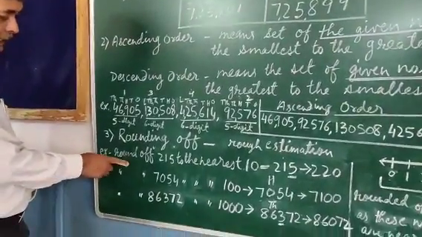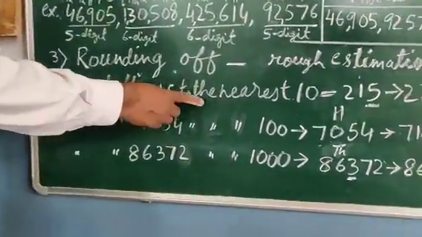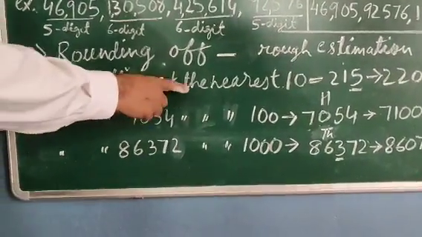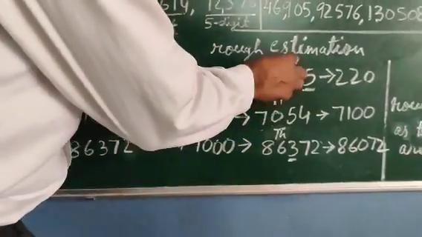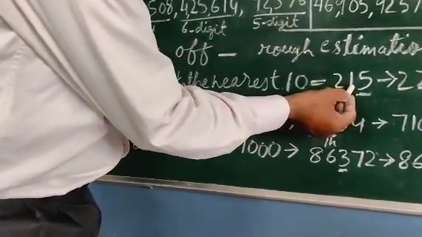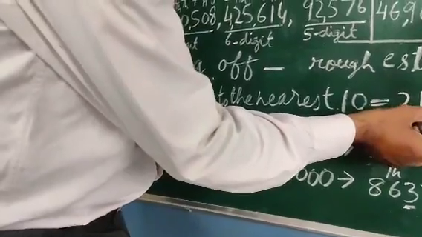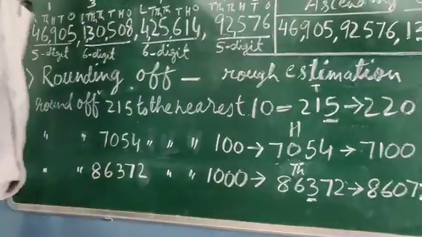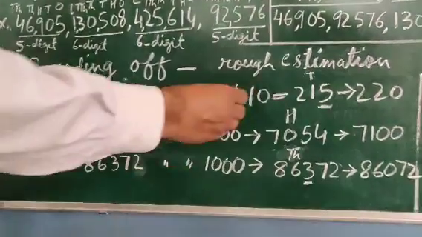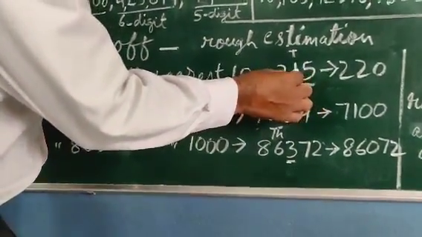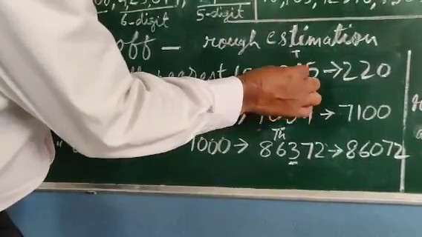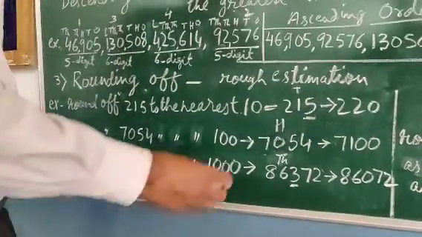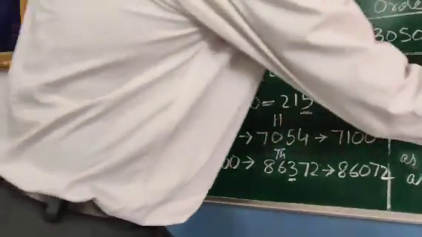The first example is round off 215 to the nearest 10. To round off 215 to the nearest 10, let us see what is the digit in the tens place. Ones, tens. In the tens place, we have 1. Now we have to observe the digit just after 1, to the right side. It is 5. Look here.